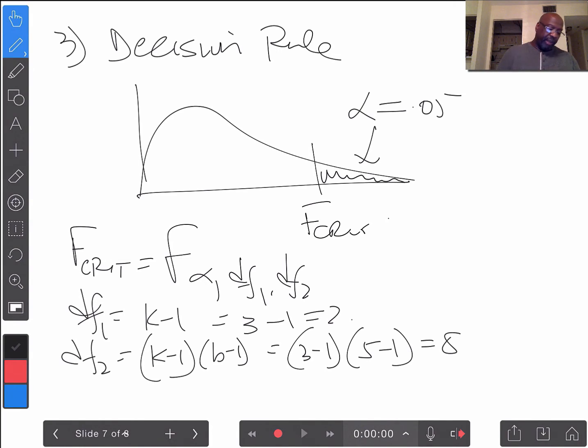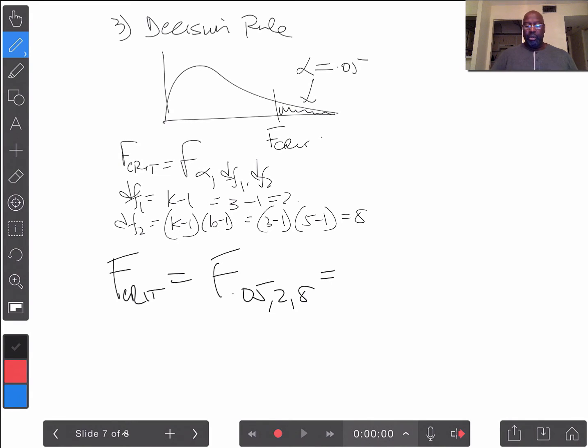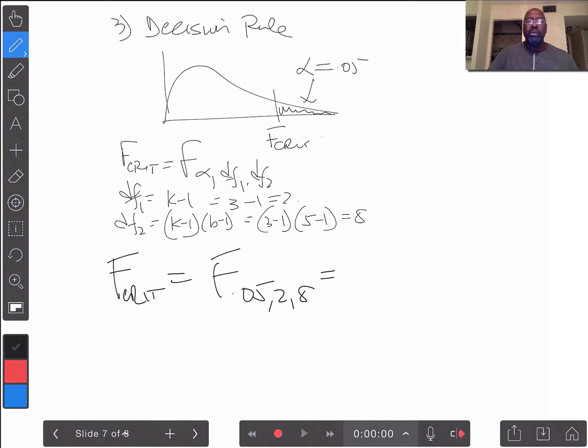So our critical value is F.05,2,8, which turns out to be 4.46.